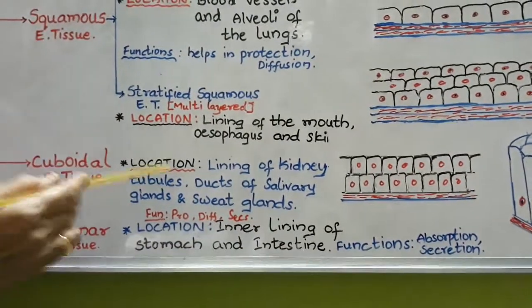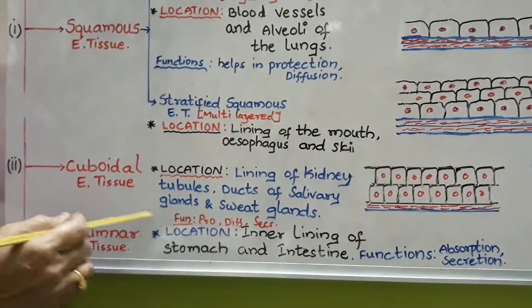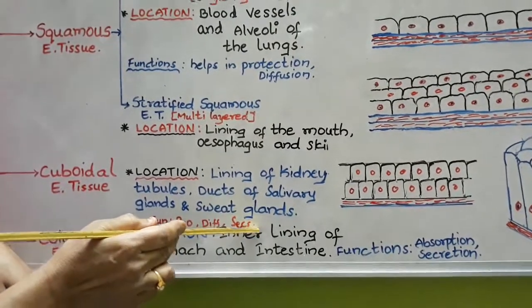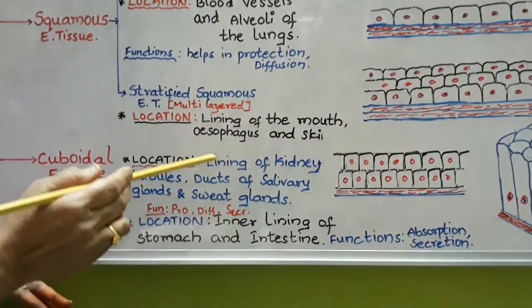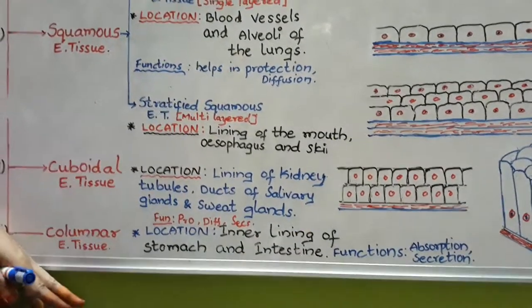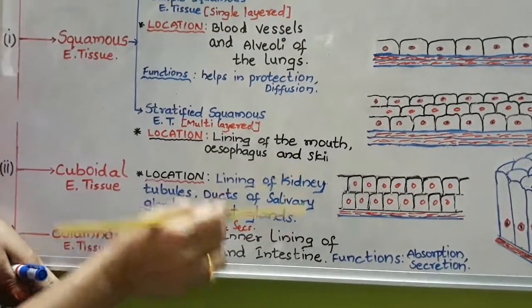The functions of cuboidal tissue are protection, diffusion and secretion. We know that the lining of kidney tubules means the kidney excretes urine, and the cuboidal tissue helps this secretion.